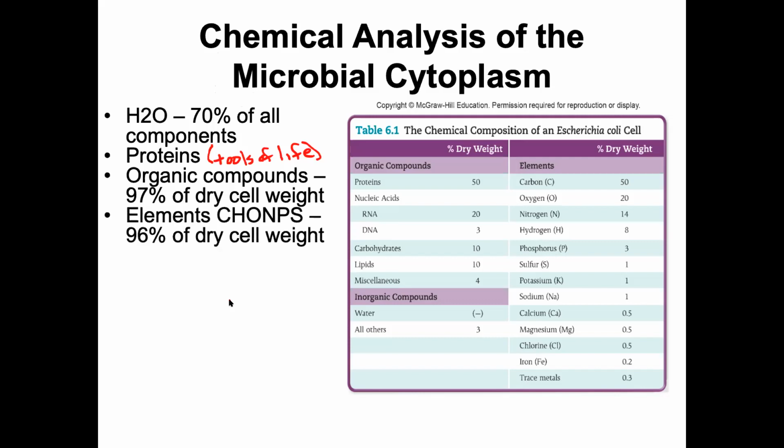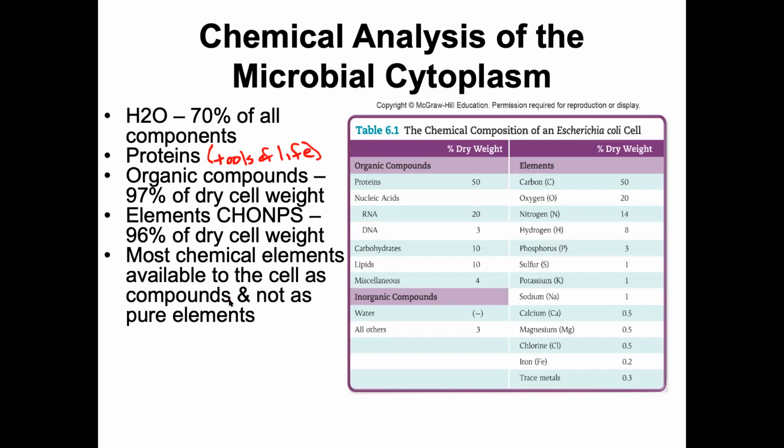The elements carbon, hydrogen, oxygen, nitrogen, phosphorus, and sulfur make up 96% of dry cell weight. Most chemical elements are available to the cell as compounds as opposed to pure elements. Compound means it's just chemically bonded to some other element.